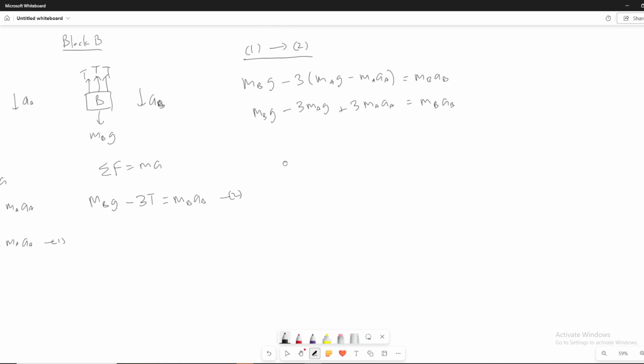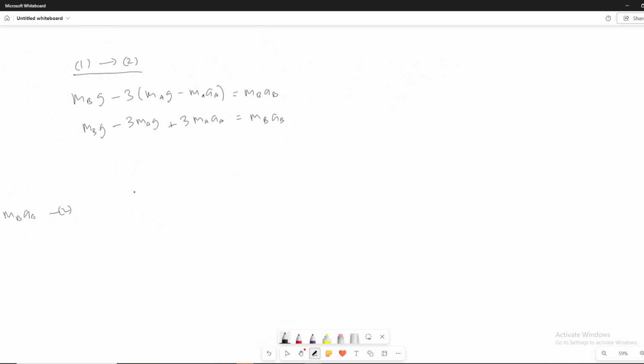So we have MBG minus 3MAG plus 3MA times negative 3 AB equals MBAB. We know all these values: MB, G, 3MAG, 3MA. We don't know AB, so now we can find AB.